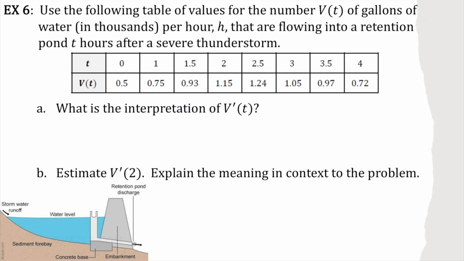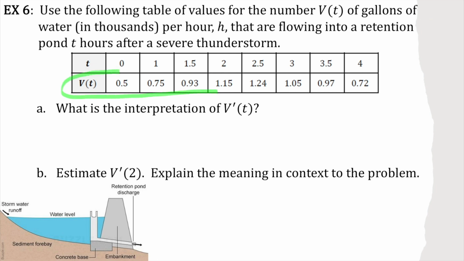Example 6. Use the following table of values for the number V of t of gallons of water in thousands per hour that are flowing into a retention pond t hours after a severe thunderstorm. So V of t is gallons of water per hour.